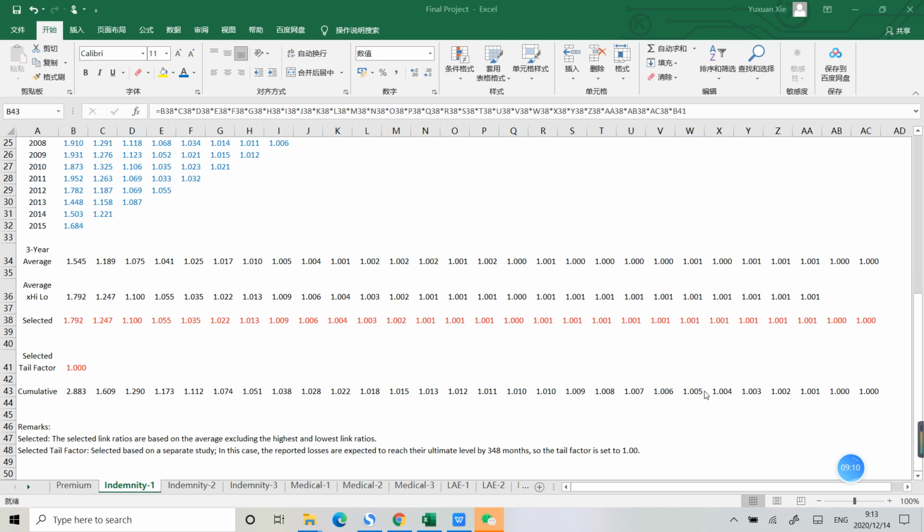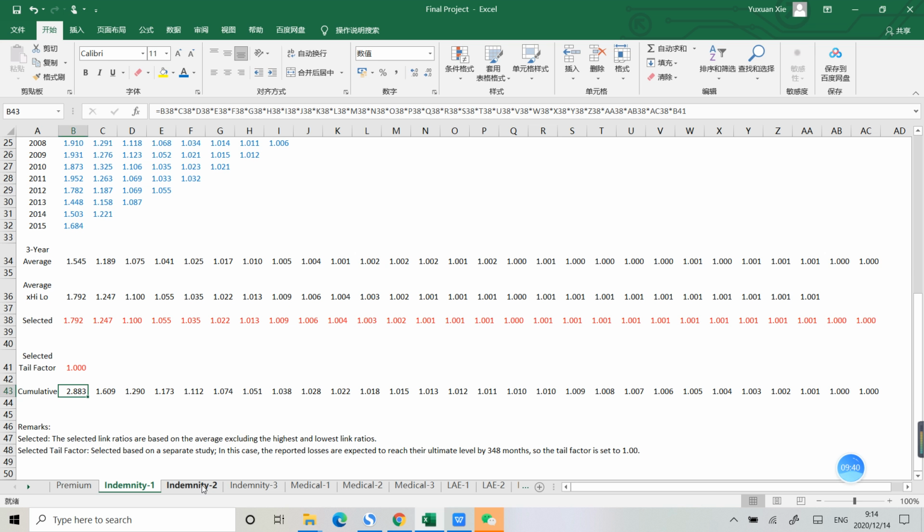For example, the 36 to ultimate factor is the product of all the selected link ratios between and including 36 to 48 months and 336 to 348 months multiplied by the selected tail factor. So this is all the answer.